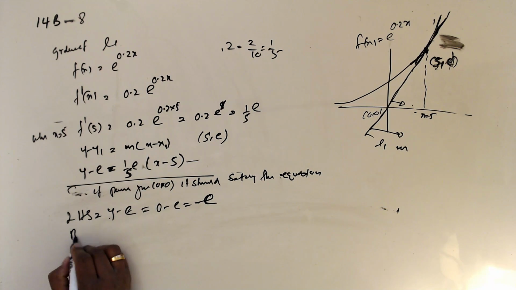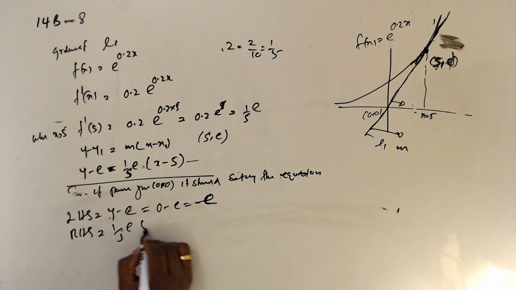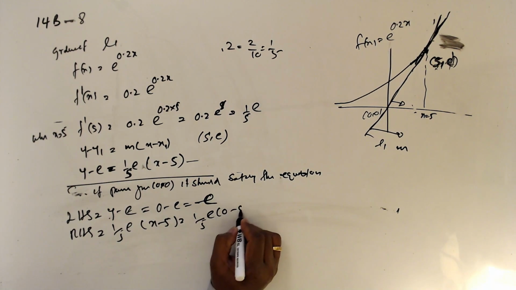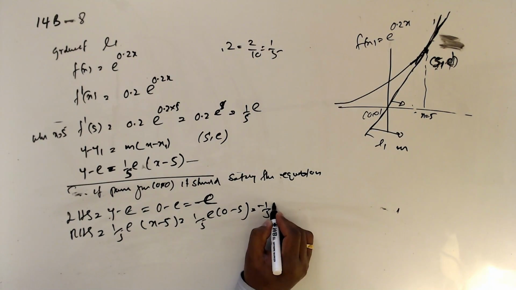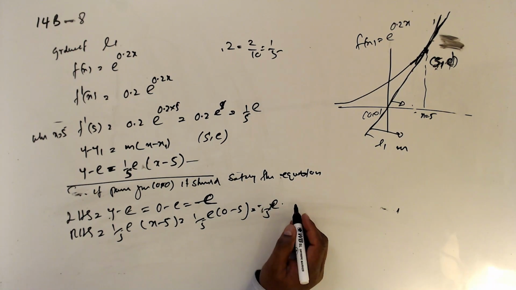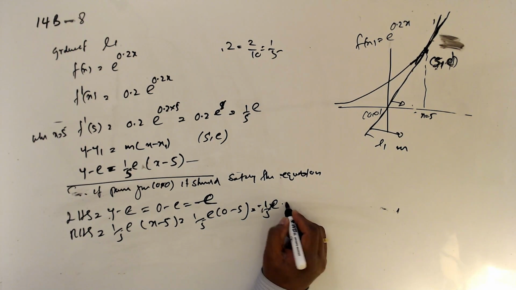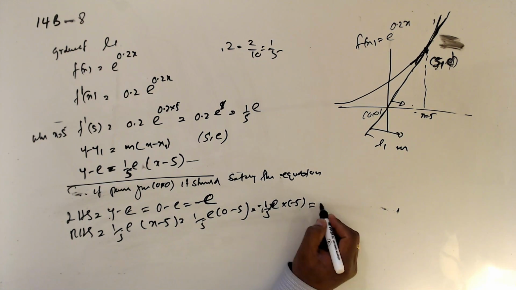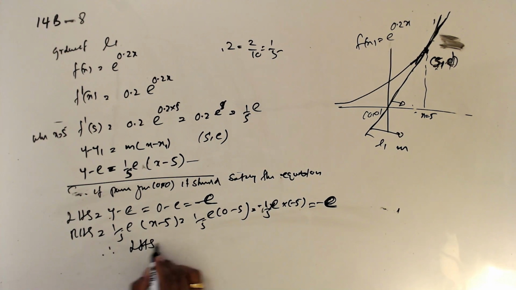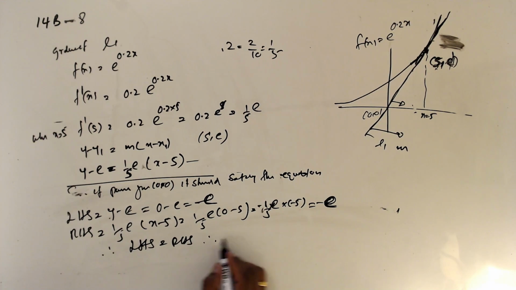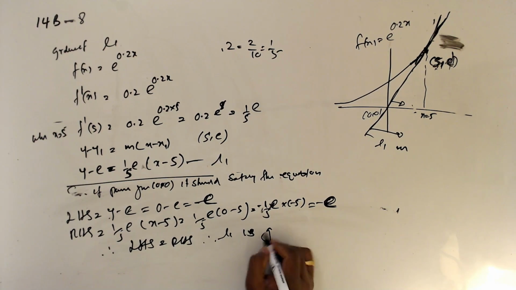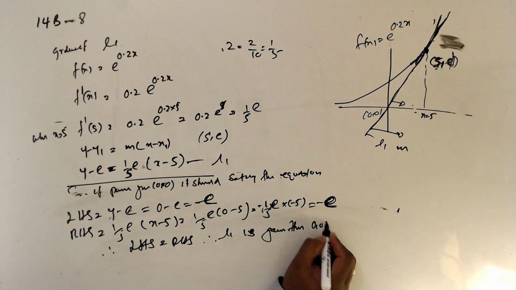Now what is the RHS? RHS equals 1 over 5e times x minus 5, which is 1 over 5e times 0 minus 5, which is 1 over 5 times e times minus 5. So this is minus e. Hence LHS equals RHS. Hence L1 is going through the 0, 0 point.